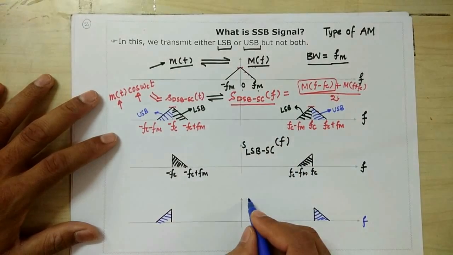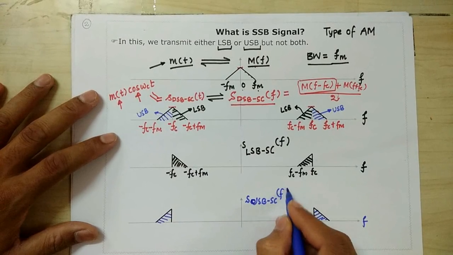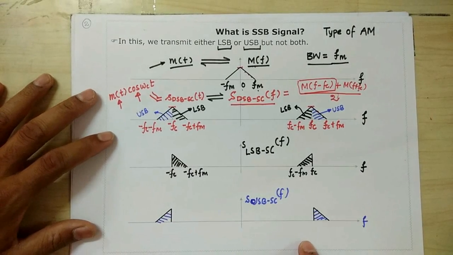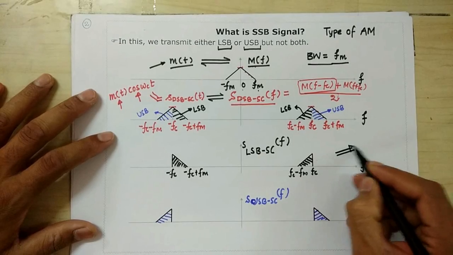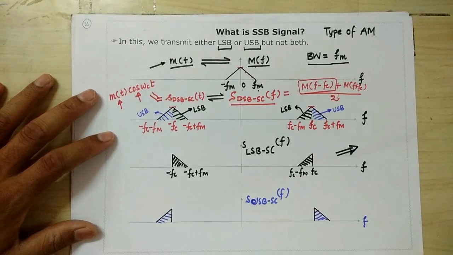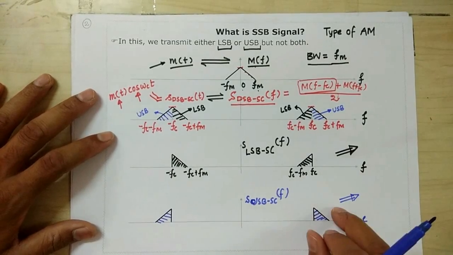So this is the USB-SC signal in the frequency domain. So either we transmit this one through the transmitter or this one, but not both.